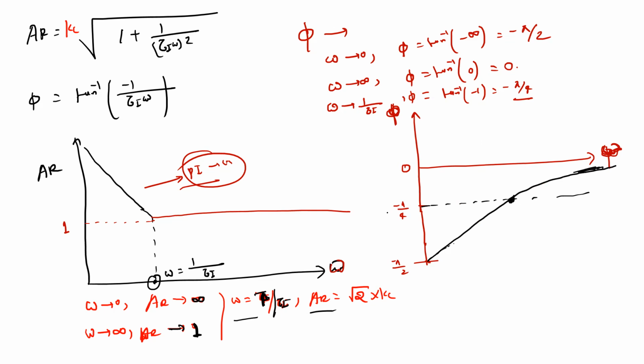And this is the point where phi is minus pi by 4, and at this particular point, omega is equal to 1 upon tau I. So this will be the plot of the proportional integral controller. Is it clear? If it is clear, I'll move towards the next controller, the third, proportional derivative.